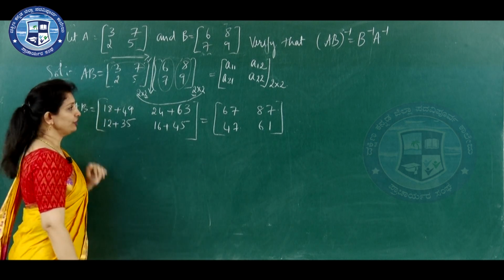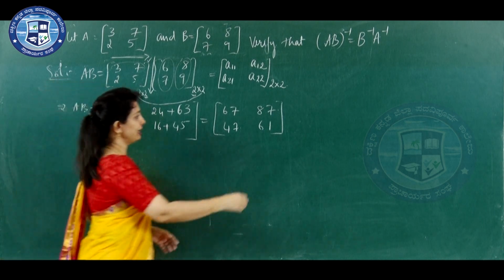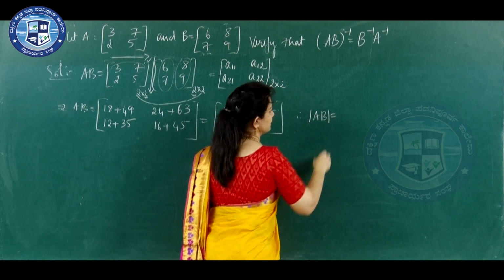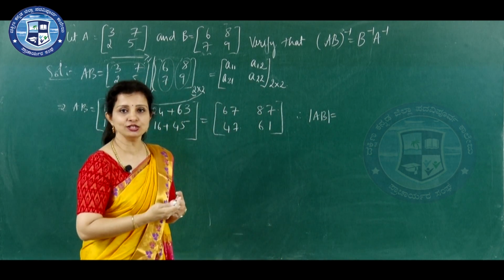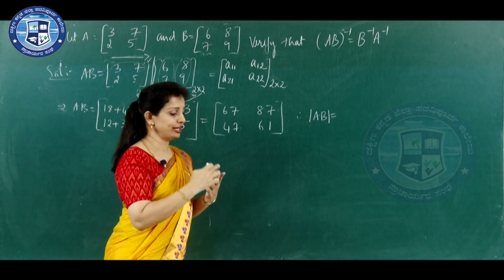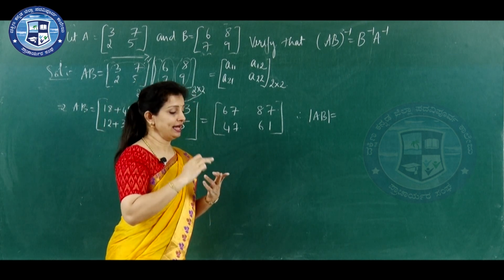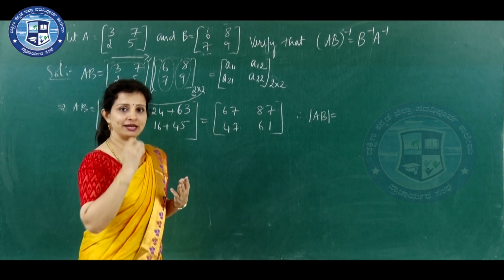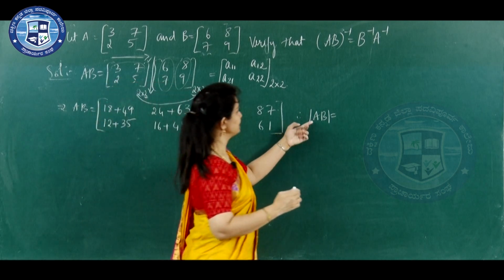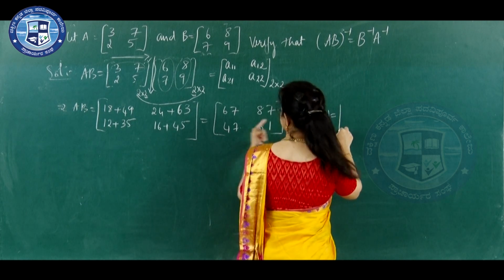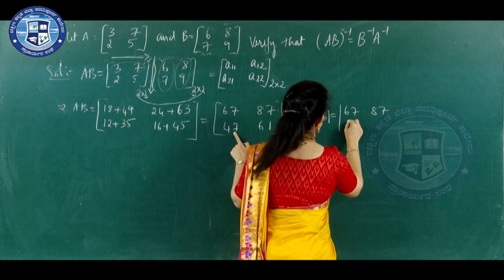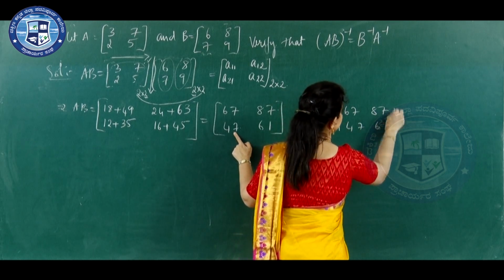So, if you have AB, we can find the determinant of AB. To find the inverse of AB, you know the 3 steps: find the determinant, then the adjoint, then A inverse is equal to 1 by determinant A into adjoint A. So, AB is [67, 87; 47, 61].